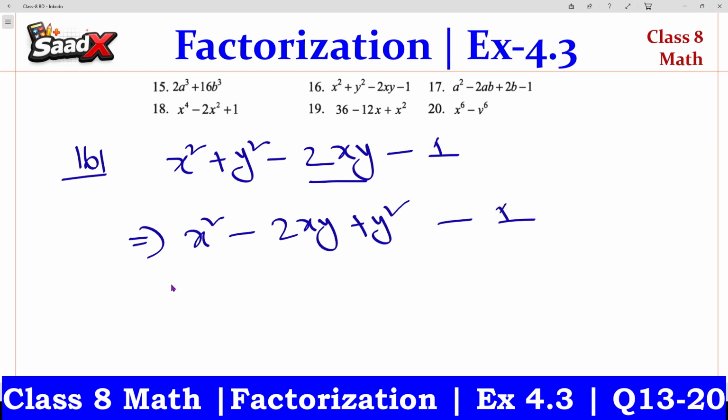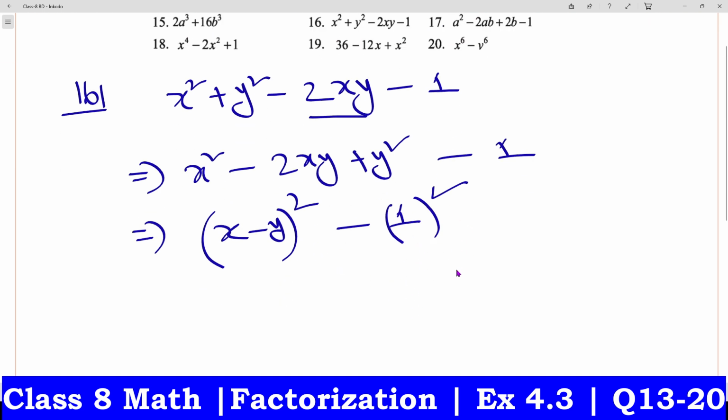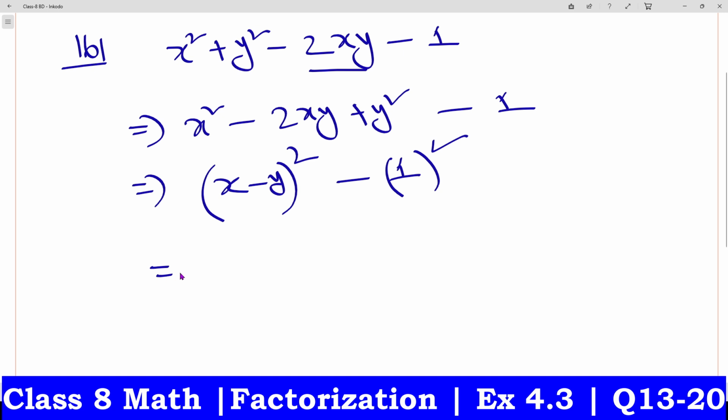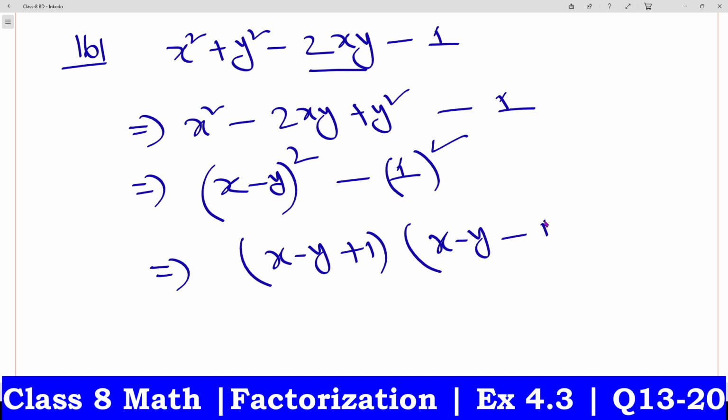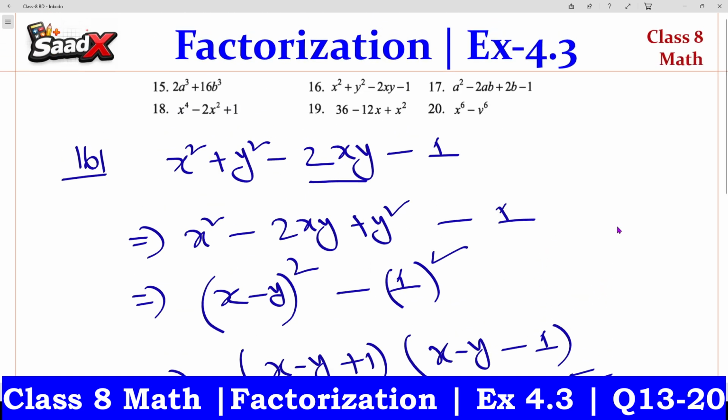So it's looking like a square minus 2ab plus b square, it means we can write x minus y whole square minus 1. 1 can be written 1 square. So it's a square minus b square. So it's x minus y plus 1 and x minus y minus 1. This is our answer. So number 16 done.